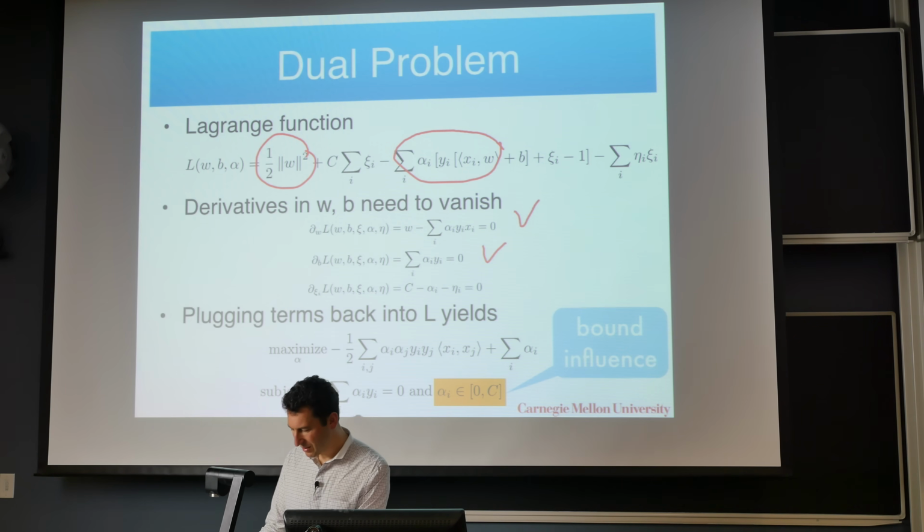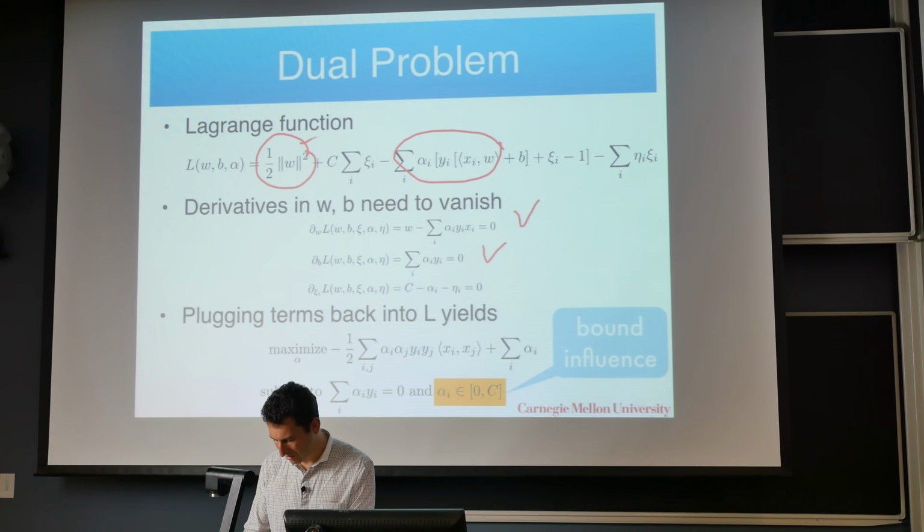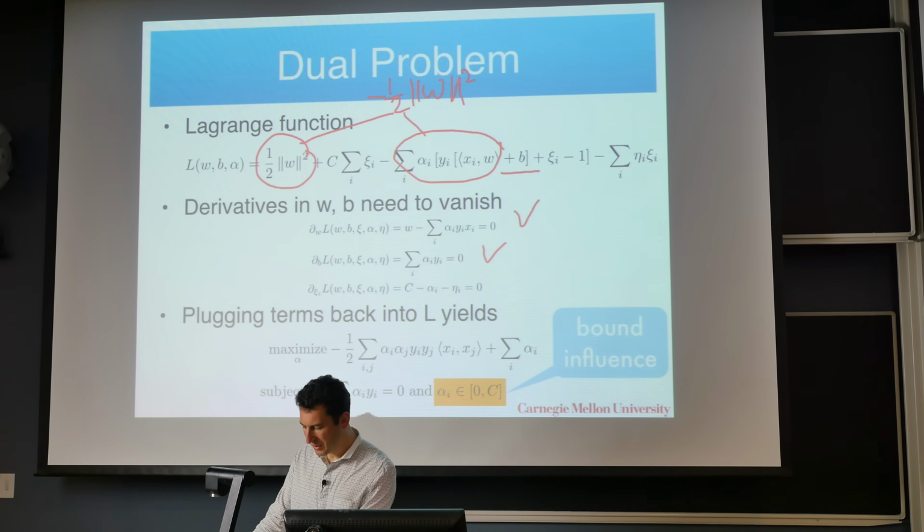So this will again conspire to give us minus 1/2 norm of w squared. The second term will ensure that this thing here goes away. And so we are left with C minus alpha i minus eta i.